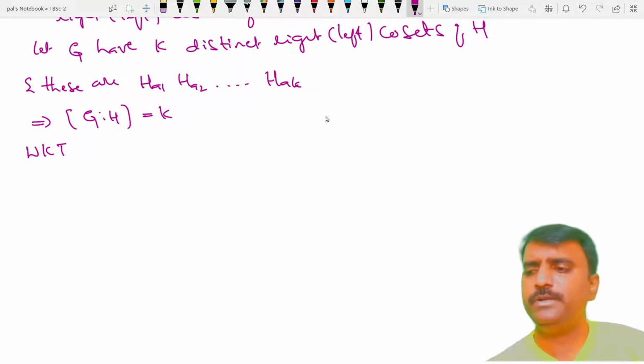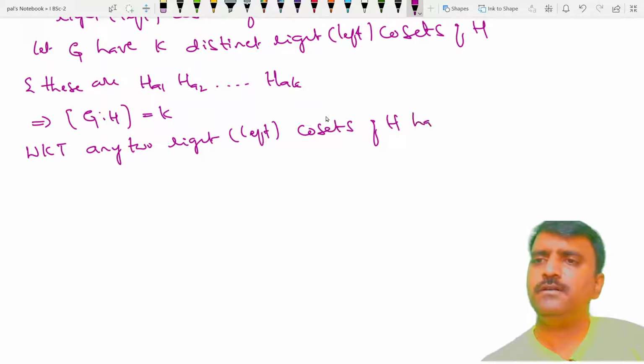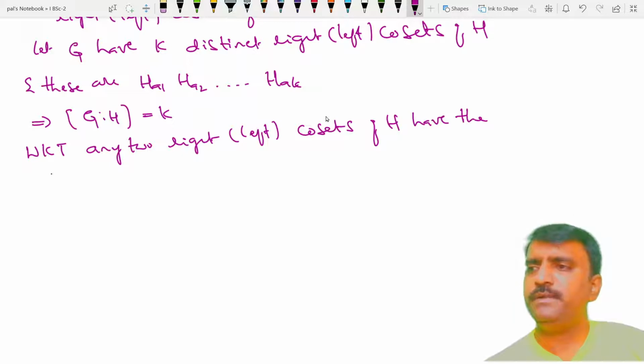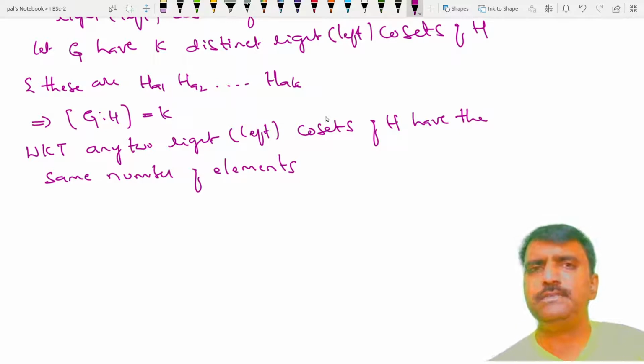By using this property, we know that any two right or left cosets of H have the same number of elements. You can check this property yourself.